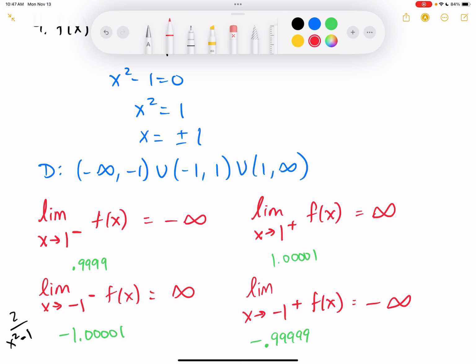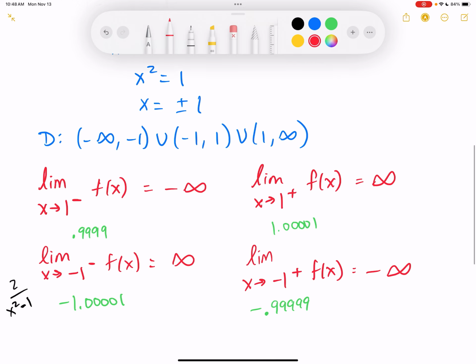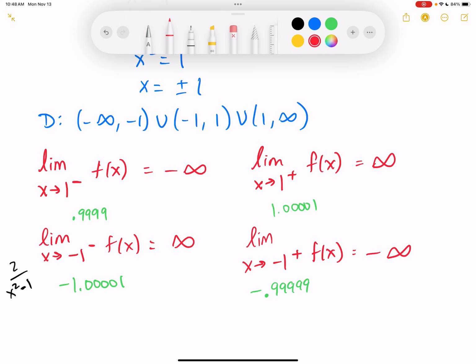And so the end behavior for the horizontal asymptote is that as x approaches negative or positive infinity, wherever our horizontal asymptote is, that should happen as x approaches negative and positive infinity. Okay, so as x gets really, really big or really, really small, we're looking at what the y value is going to, and that's going to be wherever our horizontal asymptote is. So it's kind of just a verification of our horizontal asymptote to say, hey, we did it right.